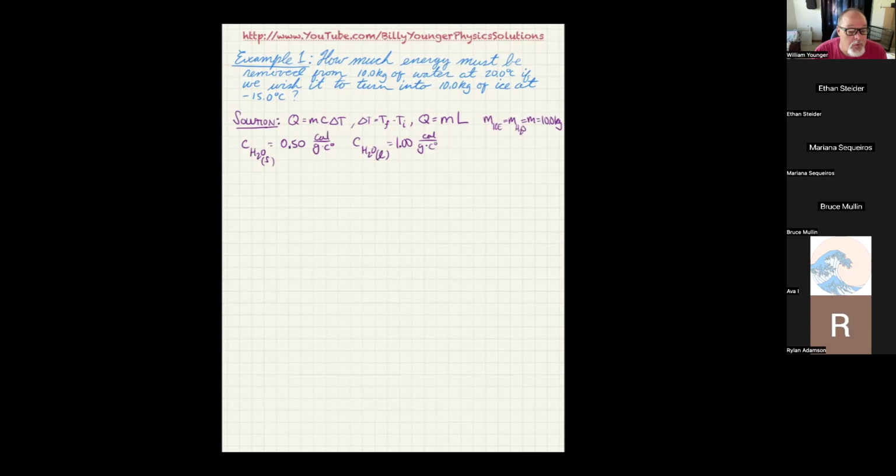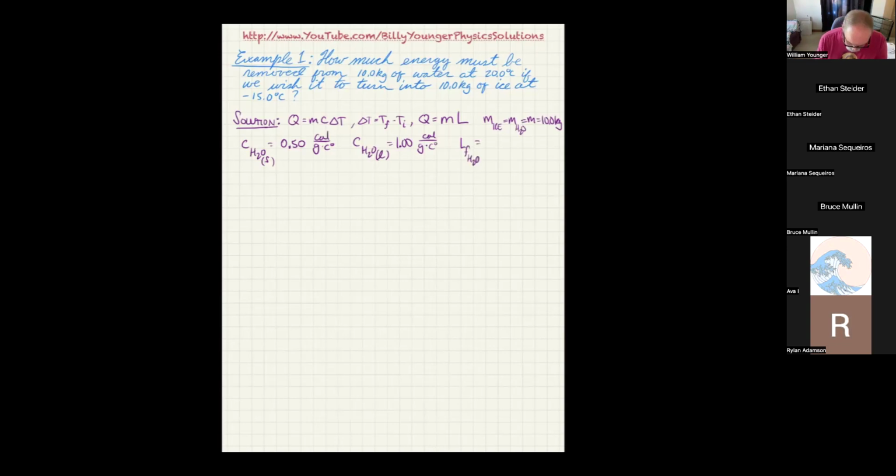Now, I'm also going to show you that the latent heat of fusion, which is, remember, fusion is the one where we're basically going from a liquid to a solid. And then vaporization is when we're going from a liquid to a gas. So the heat of fusion is what we need. And I'm going to write latent heat of fusion for H2O.